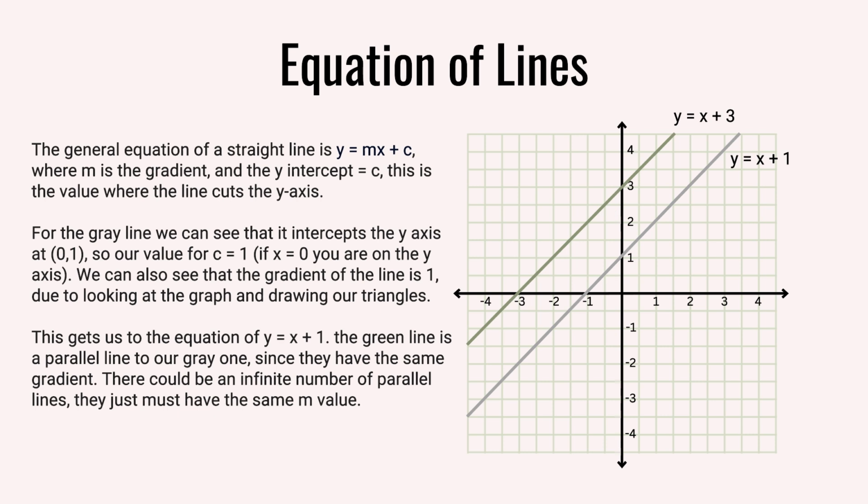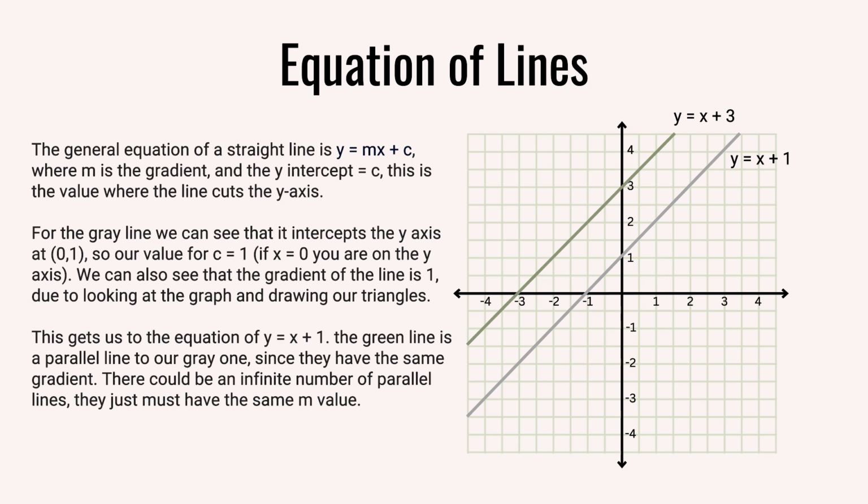We can also see the gradient of the line is 1, due to looking at the graph and drawing our triangles. Say we drew a triangle from the coordinate 0, 1 to minus 1, 0, we can see it's gone 2 down and 2 across. So we do 2 divided by 2, and then we get 1. And as we can see, this gets us to the equation of y equals x plus 1.